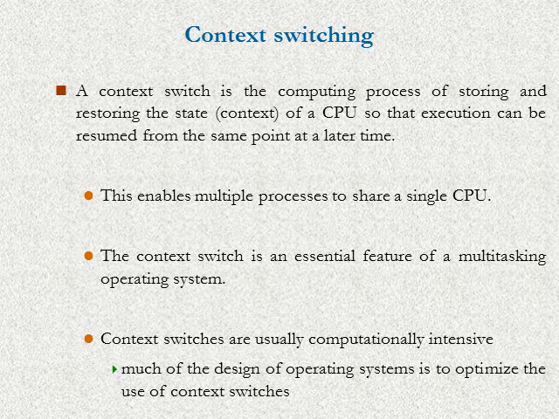So this storing the state of the process that is going out and loading the state of the process that is coming in, we call it the switching of the context or context switching. This is important so that the CPU or the processor can continue the execution of this process at the very point where it left earlier.